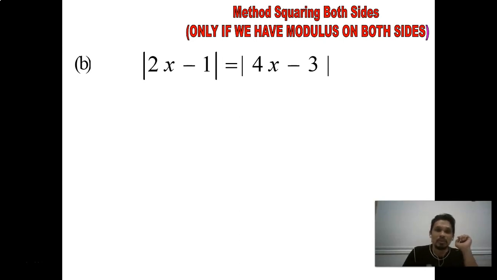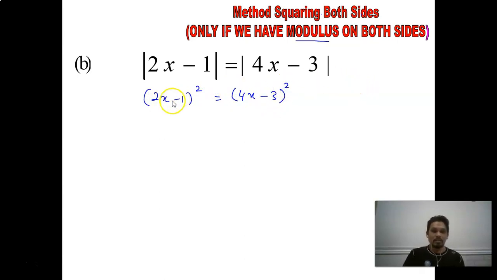We can refer to the notes here now. The method of squaring both sides is used only if we have modulus on both sides. So squaring both sides here, I come up with 2x minus 1 squared equal to 4x minus 3 squared.